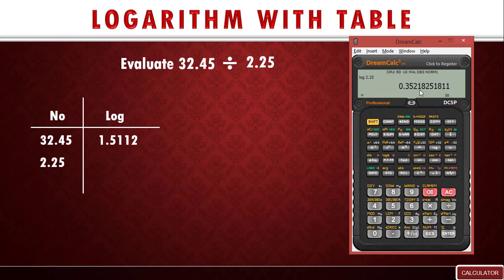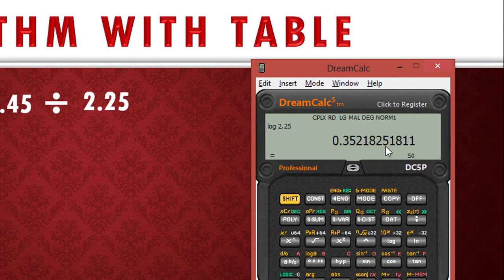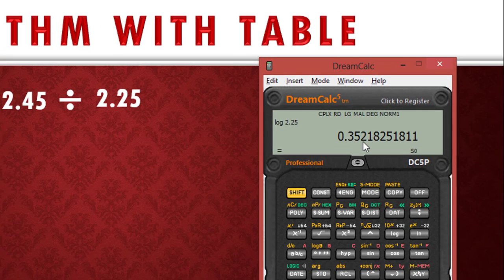We are supposed to stop here, then check the next digit to see the approximation you need to make. The number next to the 1 on the right hand side is 8, and if we approximate 8, it's going to give us 1. So when we add the 1 to this 1 that we have here, it's going to give us 2. So we have 0.3522.